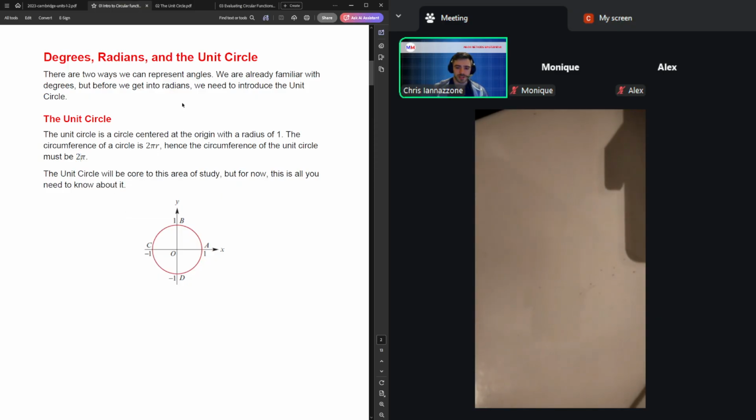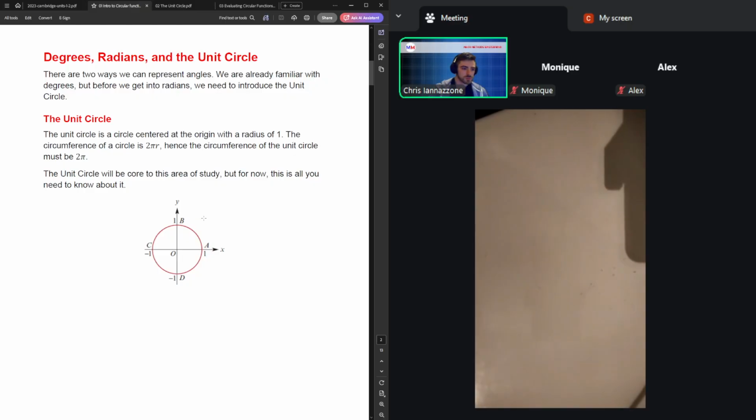What radians is effectively is a measurement of angle, but with respect to how much of the circumference is being taken up, which is why an angle of 2 pi means the entire circle, right? It's 360 degrees. You've gone from start to finish all the way around. Whereas pi would be half of that. Pi on 2, half of that again.